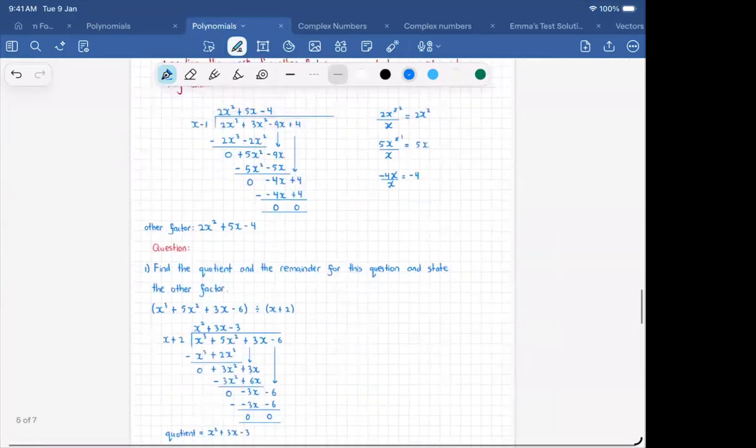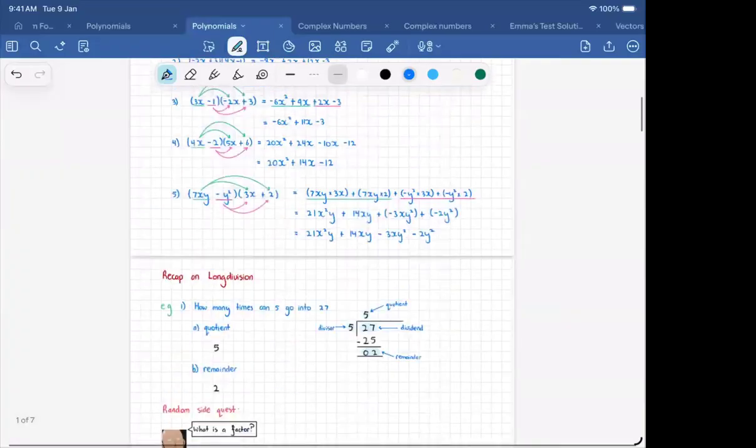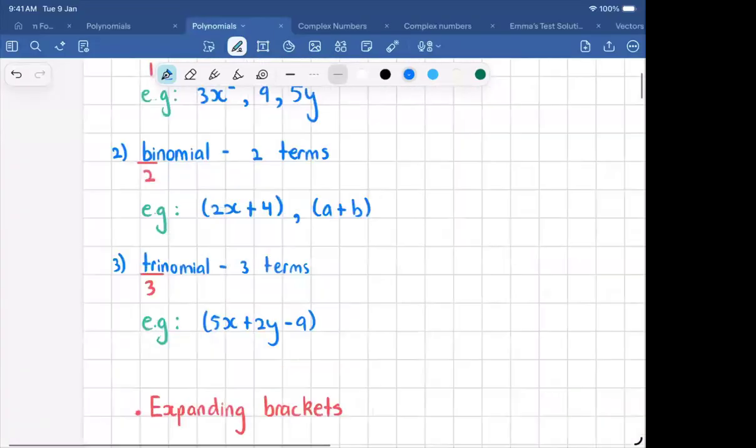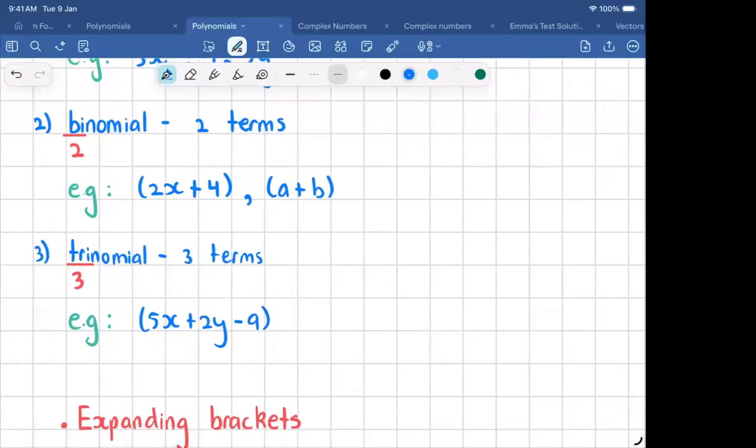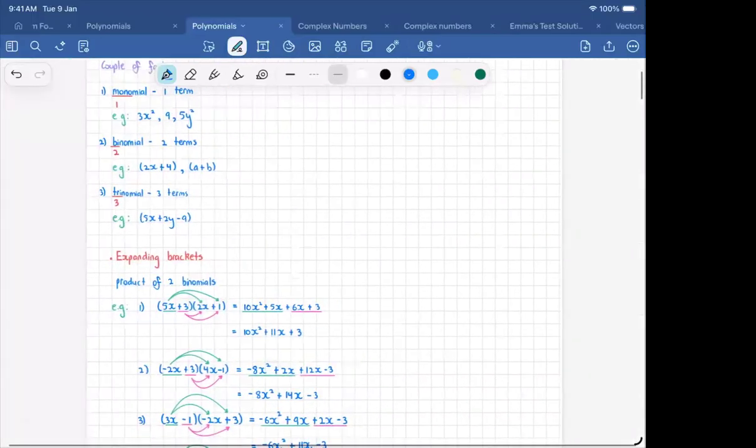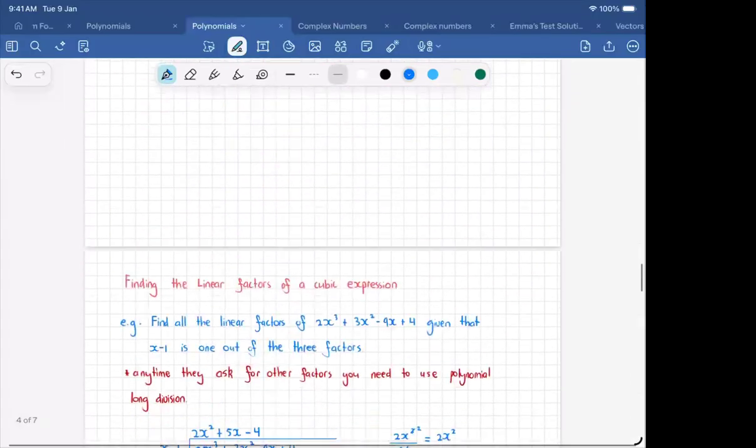Avinash, from last class, you should remember that a trinomial is an expression with three terms in it. Yes, I remember that. So all quadratics are examples of trinomials.